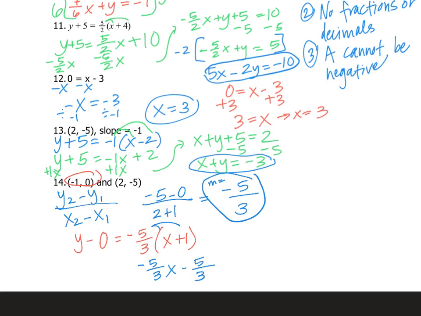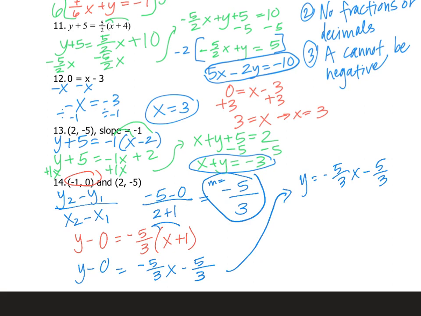I'm going to write everything that's on the left-hand side. Okay, now I'm going to bring this over to the right because I'm running out of room. Okay, we don't need to write the minus 0. We can just write it as y equals negative 5/3 x minus 5/3.